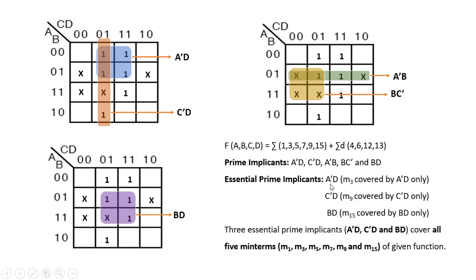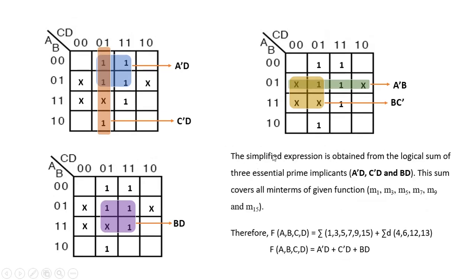So we have got three essential prime implicants: A bar D, C bar D, B D. Now these three essential prime implicants together will cover all the minterms 1, 3, 5, 7, 9 and 15 of the given function. So the simplified expression is obtained from the logical sum of three essential prime implicants, which are A bar D, C bar D and B D. And this sum covers all the minterms of the given function.